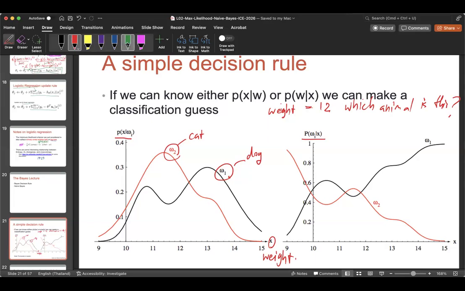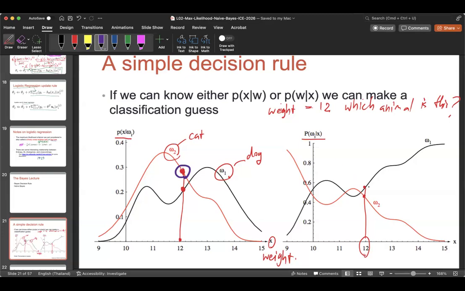So one thing I can do is look at weight 12. From here I have two possibilities. I can trust this one and say it's a cat because the probability is higher.